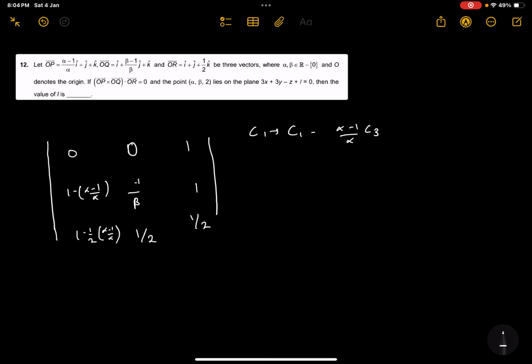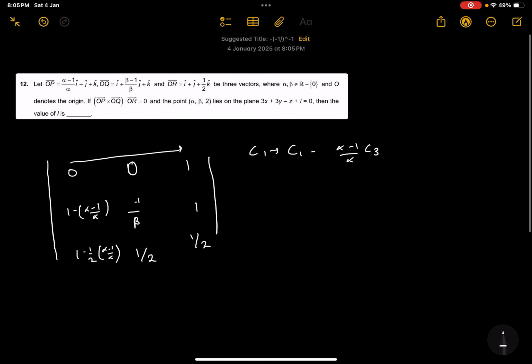Then we will just open it along this row. So we'll get these two are 0, so these two won't contribute in the determinant value. We are left with 1 into this minus this into this.